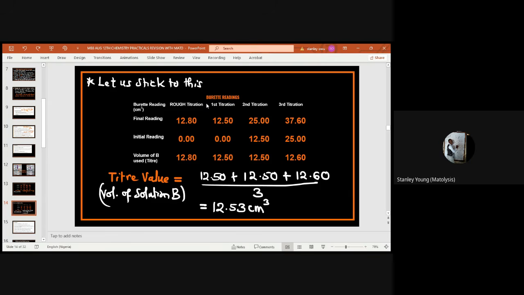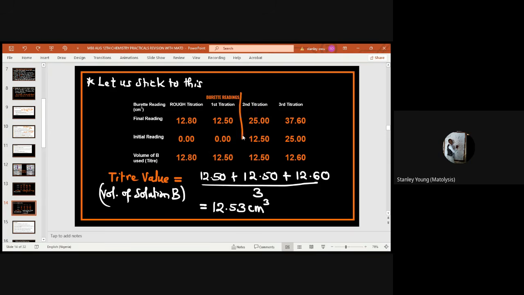Then you carry out the first titration. But before carrying out the first titration, I intentionally refilled. You realize that I'm still starting from 0. I refilled back towards 0. On having the first titration, this was the final volume, which is 12.50. The difference in the volume is going to be 12.5.